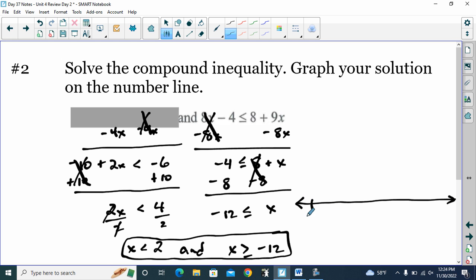So we've got negative 12. Again, I'm going to count by twos. Now remember, I want both of these things to occur this time. So up above, I'm going to graph x is less than 2.